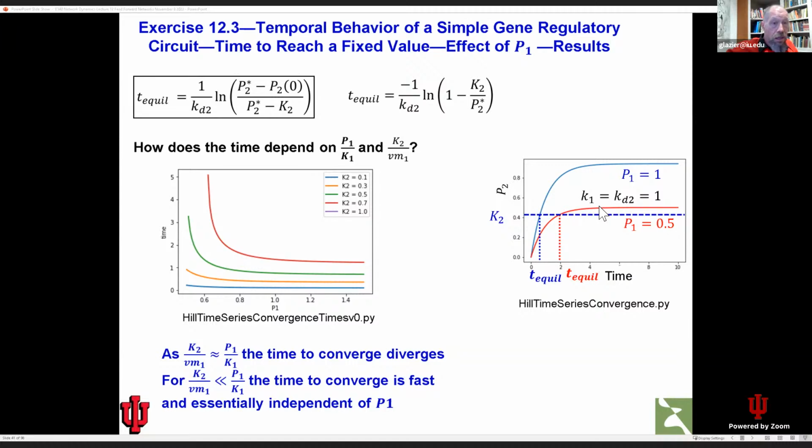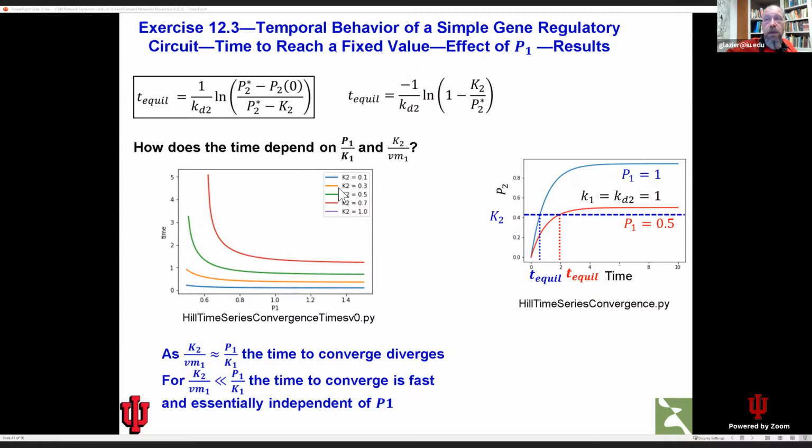So as K2 gets large, in principle, the time gets infinite. If you ask how long it takes to get there, if K2 is small, K2 here equals 1, then the time is more or less independent of P1.